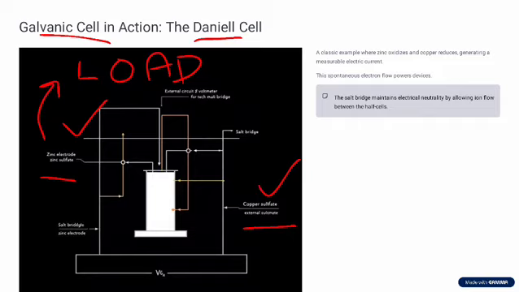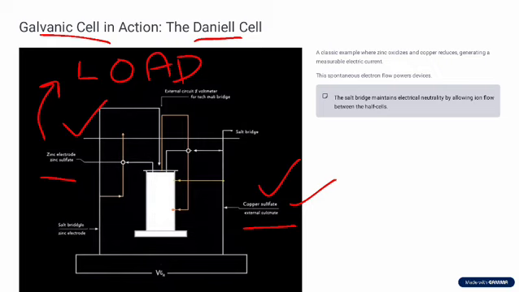Zinc donates its electrons, which move in the circuit and then reach the copper electrode. The copper acts as the reduction site, so it gains these electrons, and in this way the circuit is completed and electricity is generated, and you can use this electricity to run your appliances.